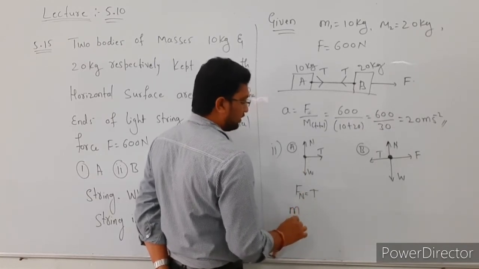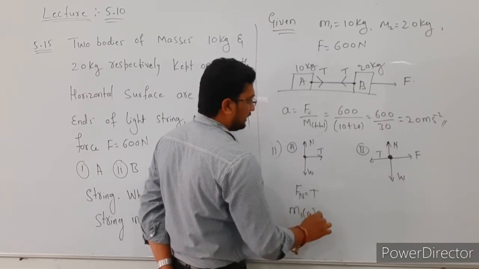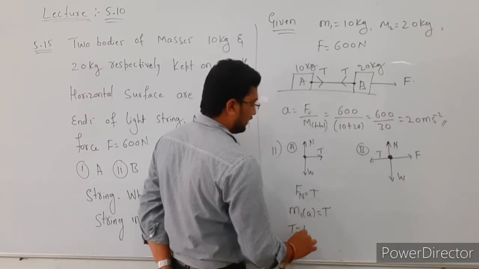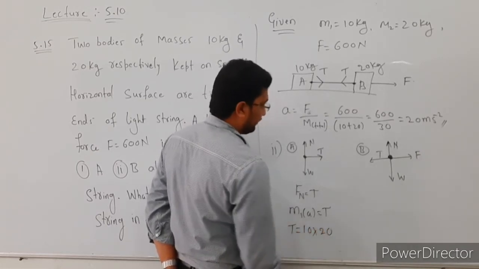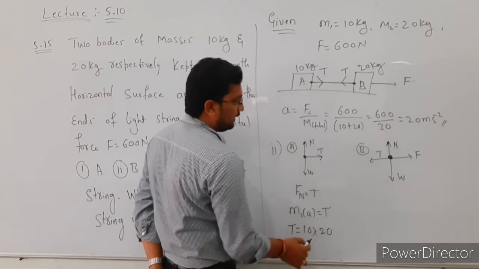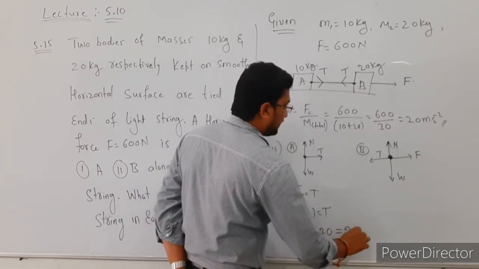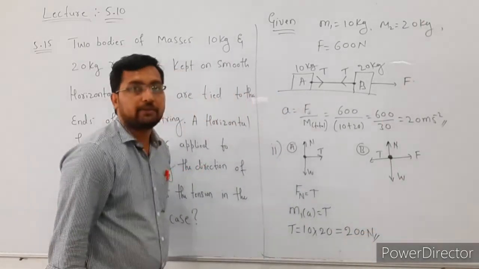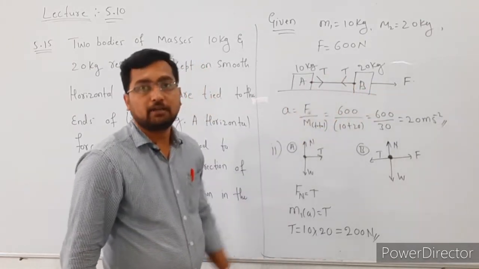So the mass of the first body m1 into acceleration a is equal to T. Then T is equal to the mass of the first body, 10 kg, and the acceleration, that is 20. This is equal to the tension inside the string, that is 200 Newton, when we are applying the force 600 Newton on the second body.